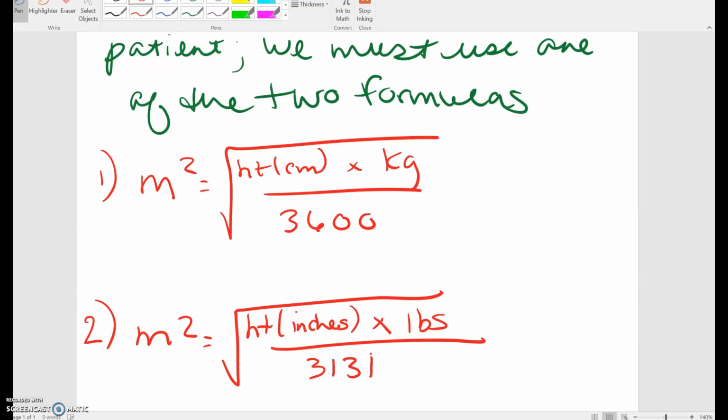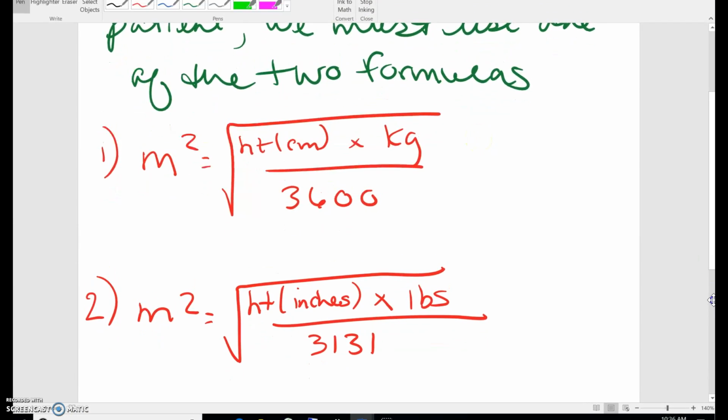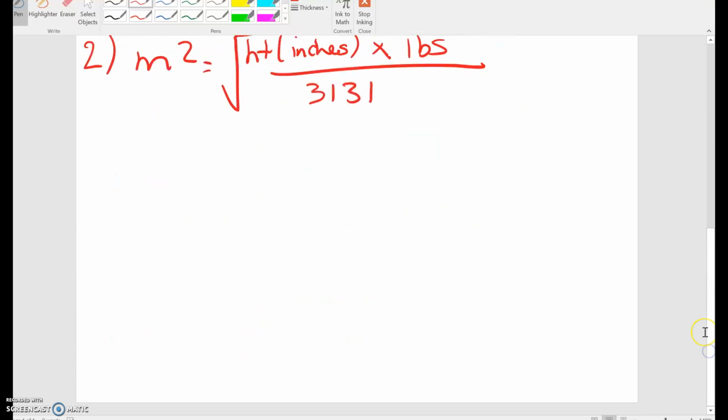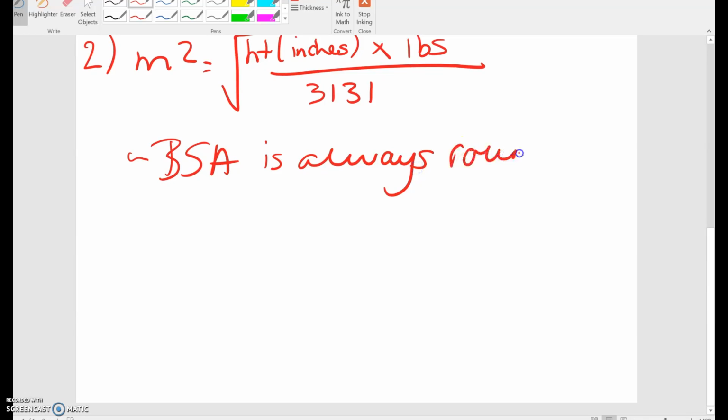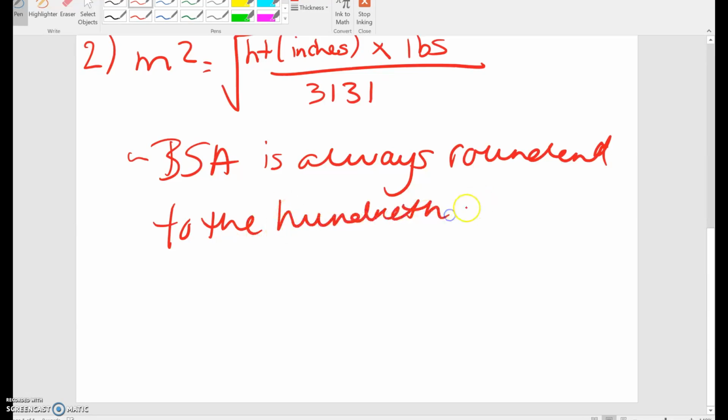So instead of us using a nomogram and getting an approximate body surface area, we're going to use these two formulas, which is going to provide us the accurate body surface area. All right. So when you're using this calculation, remember your body surface area is always rounded to the 100th place.